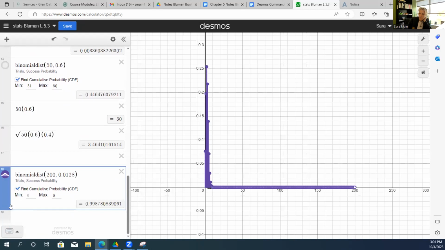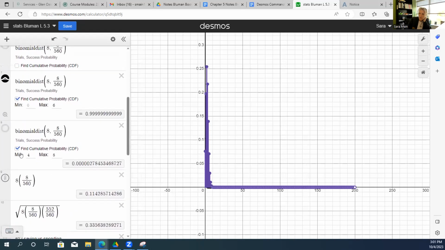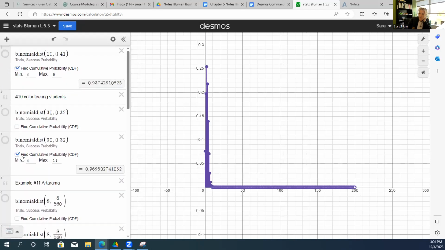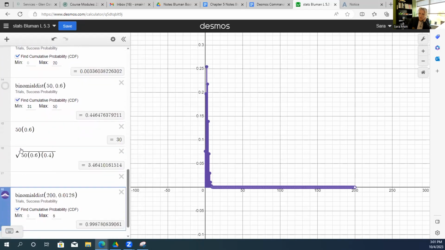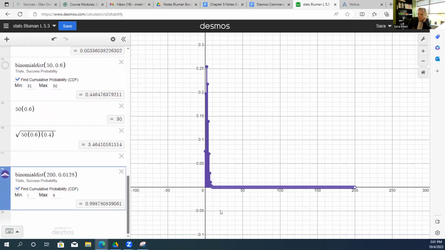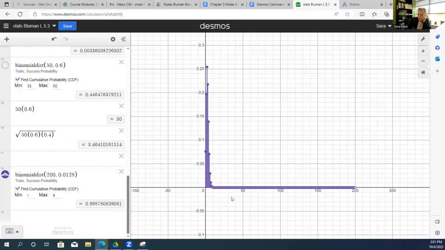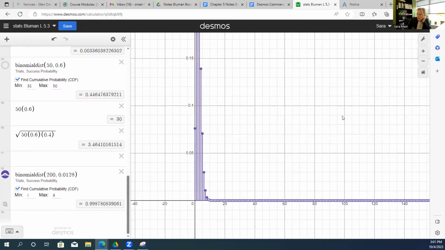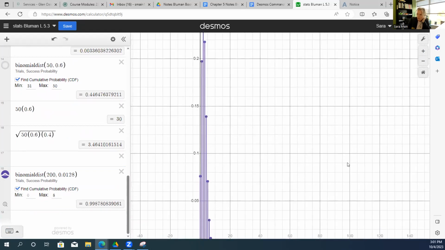And look at my magnifying glass. I'm going to click on there's 1, there's 5.